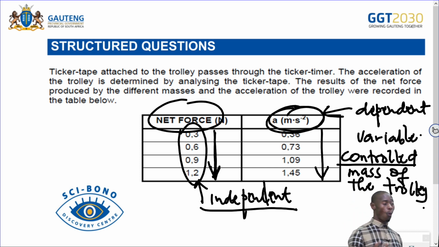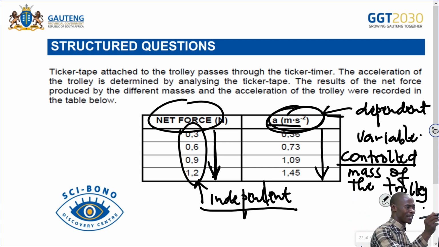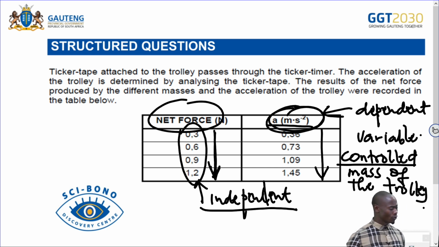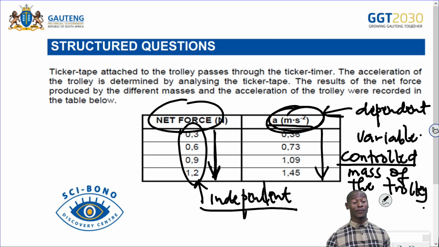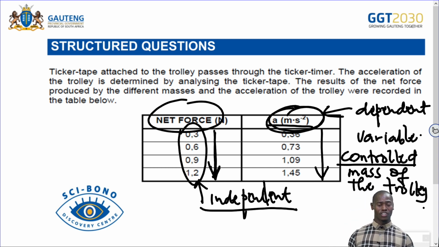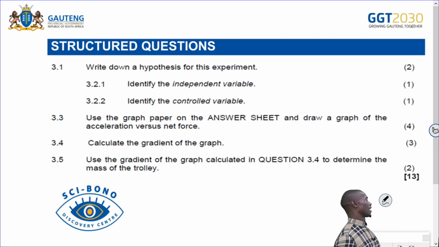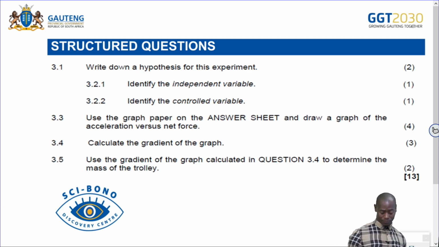For example, what is the relationship between acceleration and the net force? Those are the questions that we are looking for. And in your investigative question, you must state the dependent and the independent variable. Your investigative question must show the relationship between the dependent and the independent variable. So write down the hypothesis for this experiment.